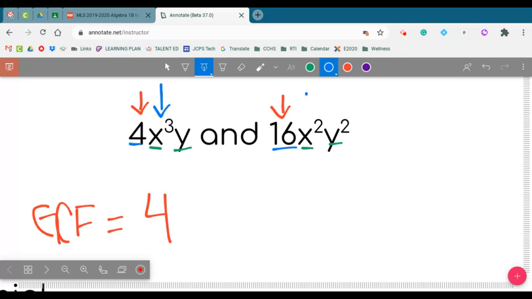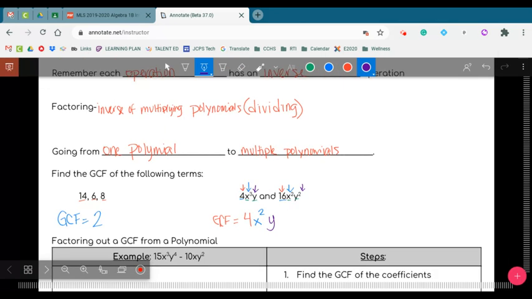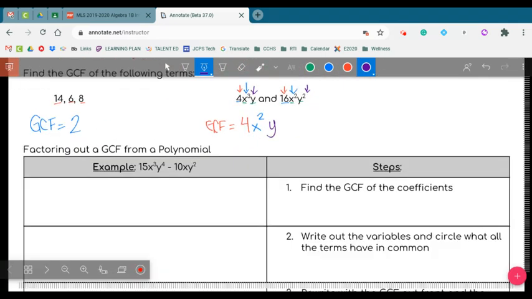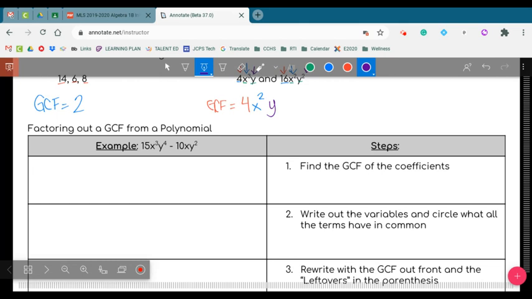I have 3 x's here and 2 here, so the largest I can take out would be x squared, because you can't take 3 x's out of 2. And then lastly, you have your y's. You have 1 y and 2 y's, and so the max you could take out is going to be 1. So hopefully that gives us a little bit better understanding of what I mean by find the GCF.